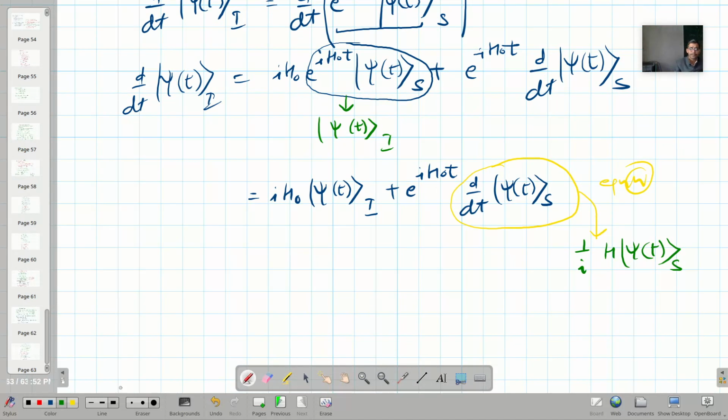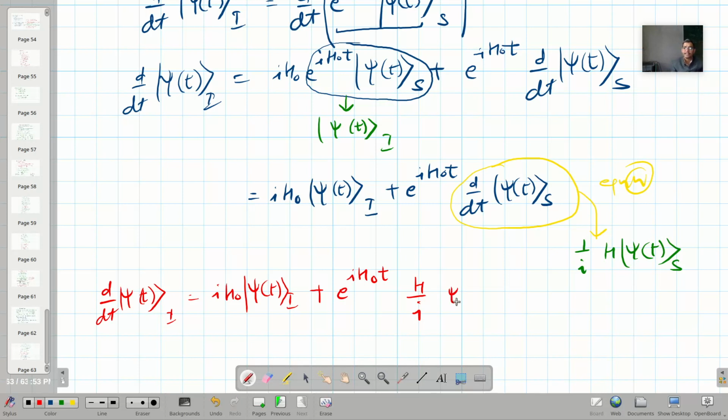Therefore, d upon dt psi t I must be equal to I h naught psi t I plus e raised to power iota h naught t, and its value will be this one. So it is h over iota into psi t s, right? That's what we are getting.